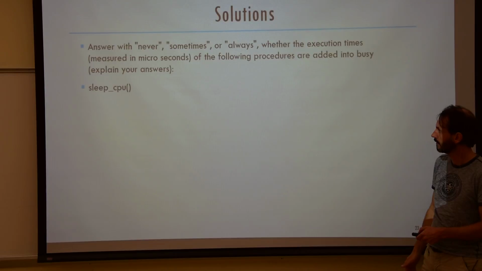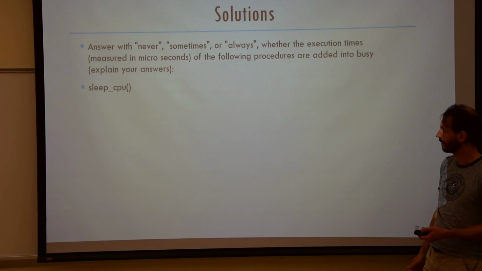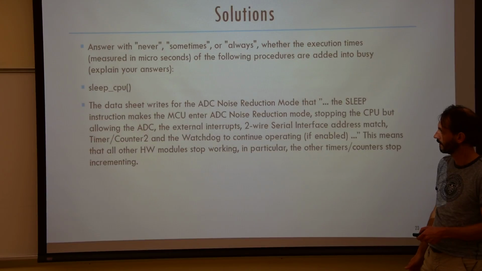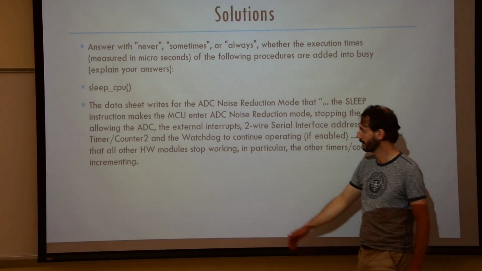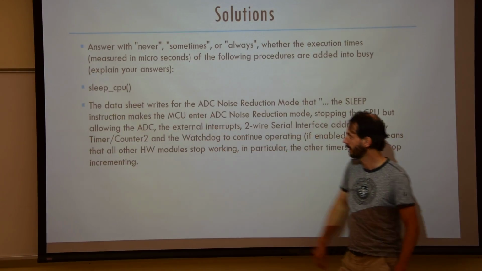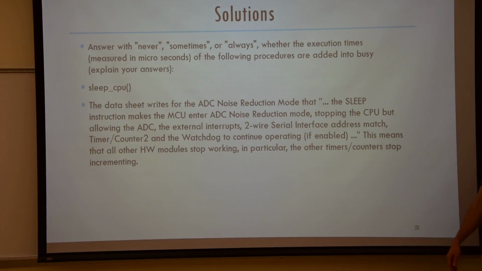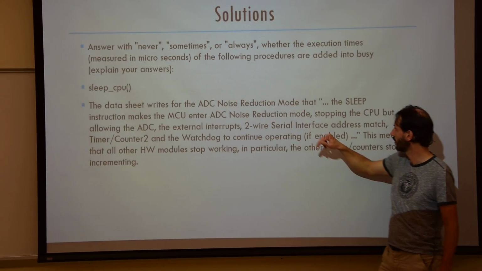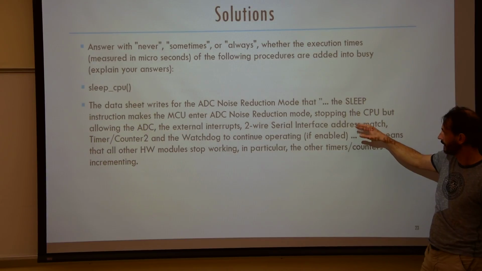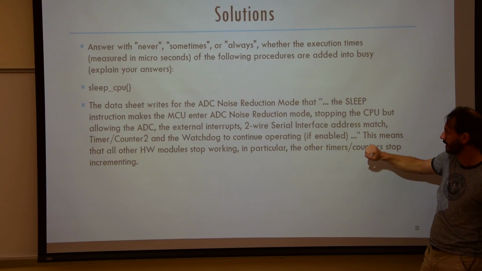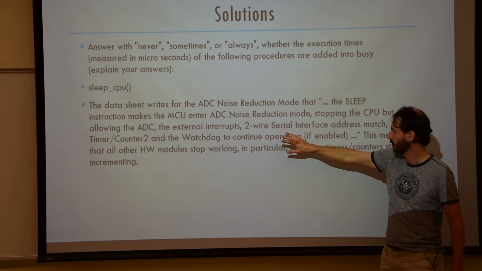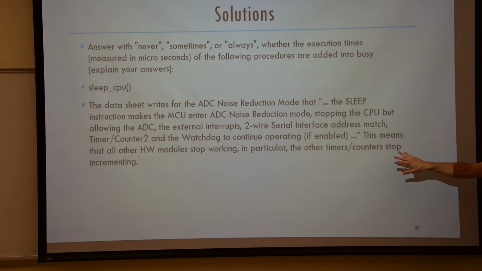Alright, so what about sleep CPU itself? Let's go a little bit more into detail. The datasheet writes that for the ADC noise reduction mode, in that particular sleep mode, a certain number of peripherals are still working, but others are not.